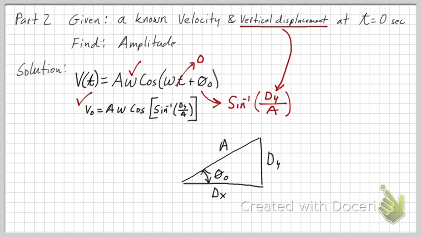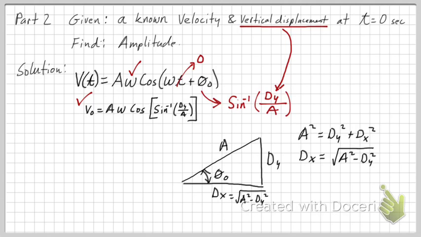Well, I'm going to need the side adjacent, which is my displacement in x, which I don't know. But I can use the Pythagorean theorem and get a mathematical expression for dx in terms of what I do know and the variable. So let's go back to our trig. What is the inverse sine of dy over amplitude? Well, that is theta naught. So really what this is telling me to do is take the cosine of theta naught.